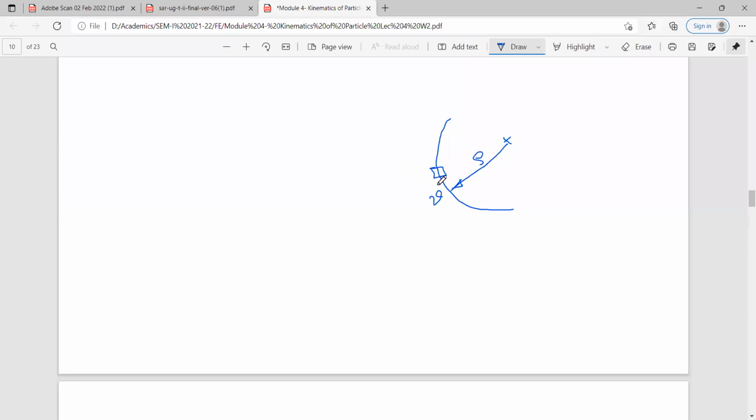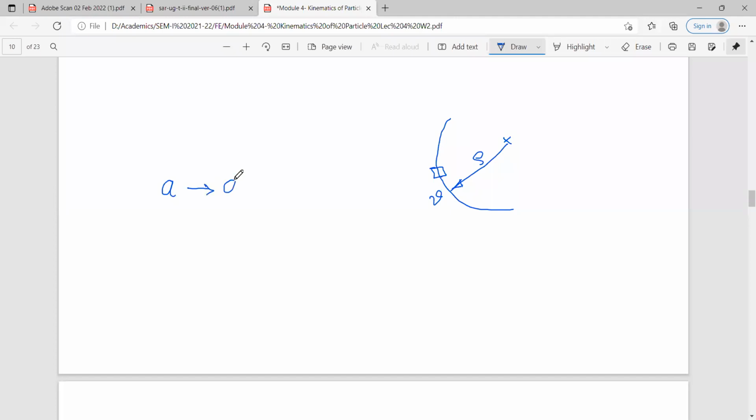Okay, so we also discussed that when an object moves along a circular path, it has an acceleration, a, which can be resolved into two components. So this total acceleration will have two components.